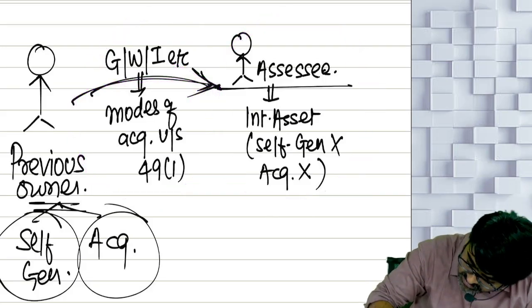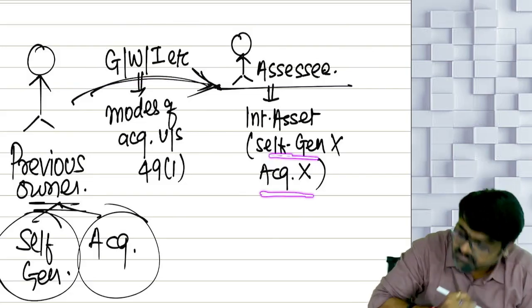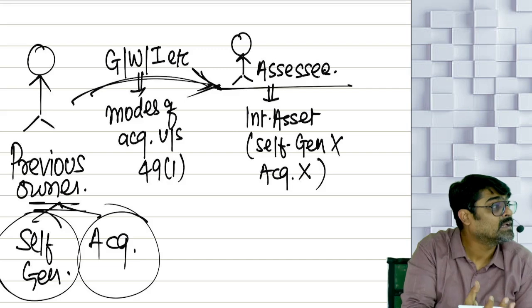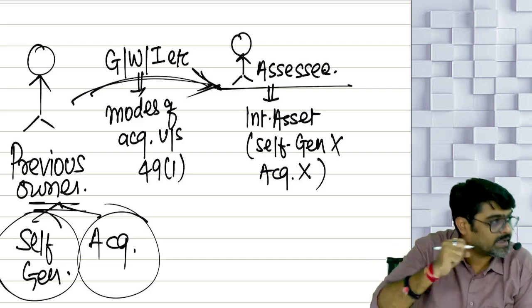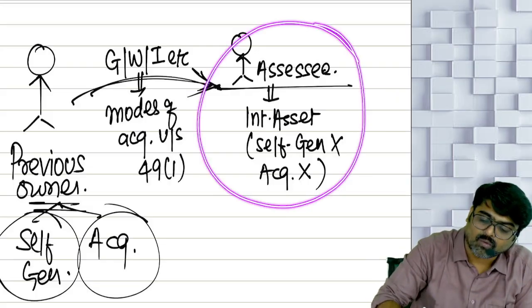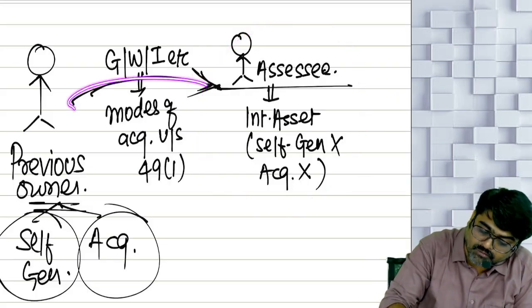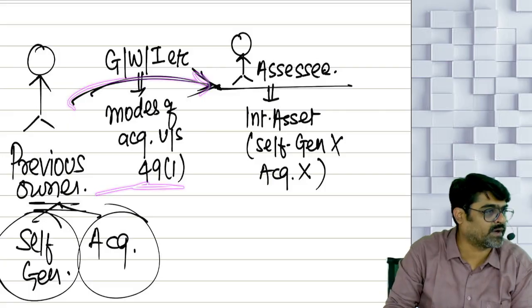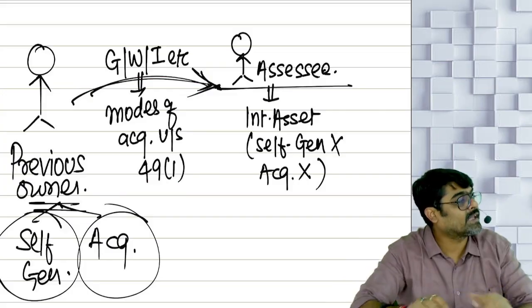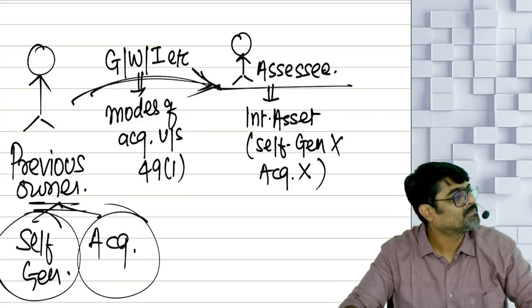Meaning he himself has not self-generated and has not acquired. He has acquired through modes specified under section 49(1). Now what 49(1) says is that if the assessee has acquired any capital asset by way of these modes, the cost of acquisition to the assessee will be nothing but the cost to the previous owner.